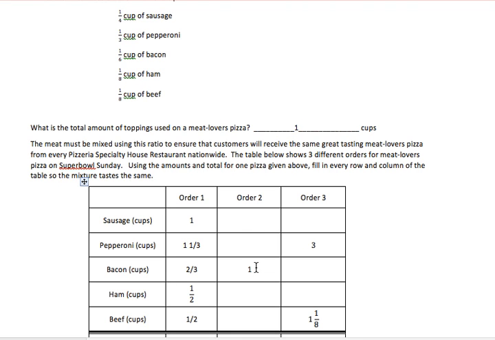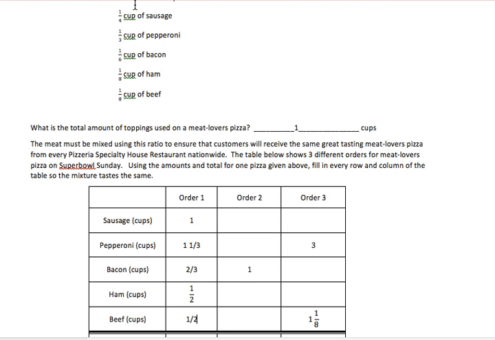Moving over to order 2, 1 cup of bacon, since the original is 1/6 cup of bacon, if we divide 1 by 1/6, we'll find that that is 6 times the original amount of bacon.